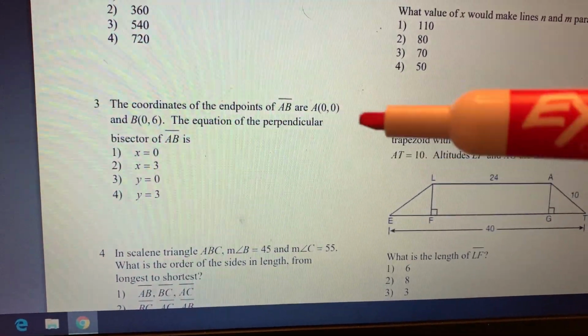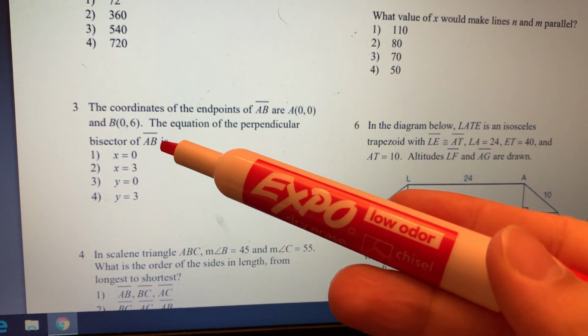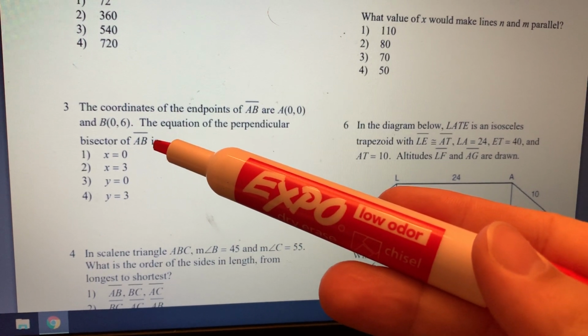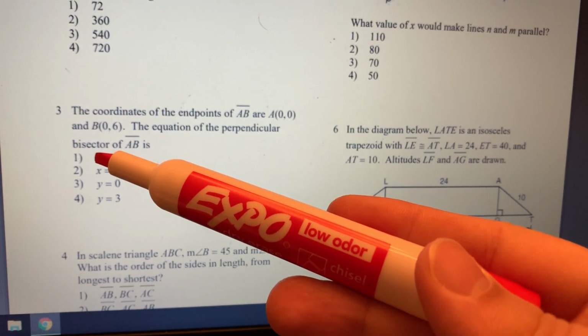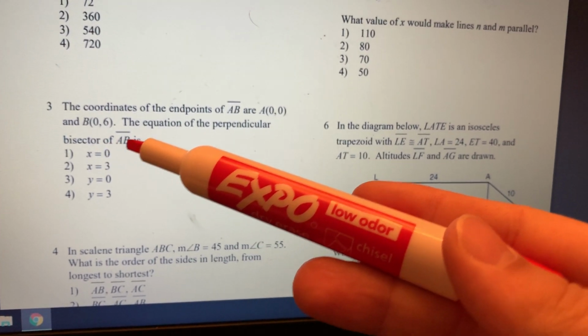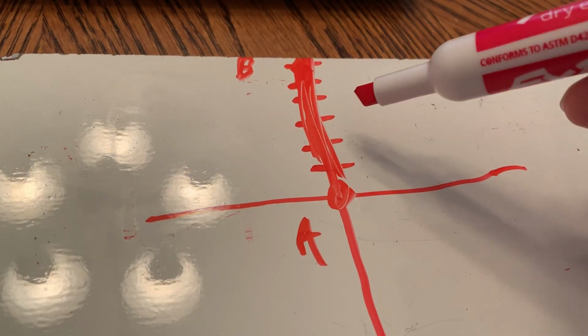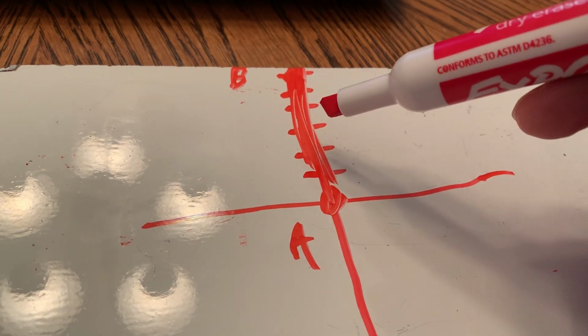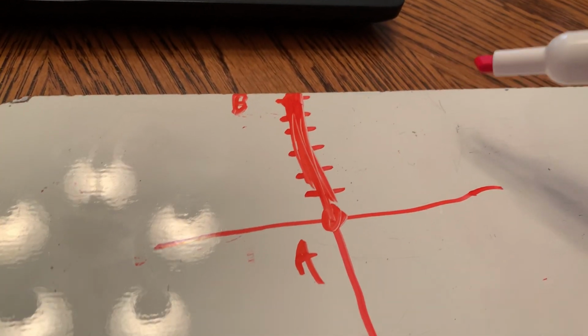So let's think about the perpendicular bisector. It's a line that would cut AB into 2 halves because it bisects it. So it cuts it into 2 equal halves, and is perpendicular. So we look at what we drew. Again, I know it's a little crooked looking, but this line would be going straight up and down. So to be perpendicular, I need to be going across.